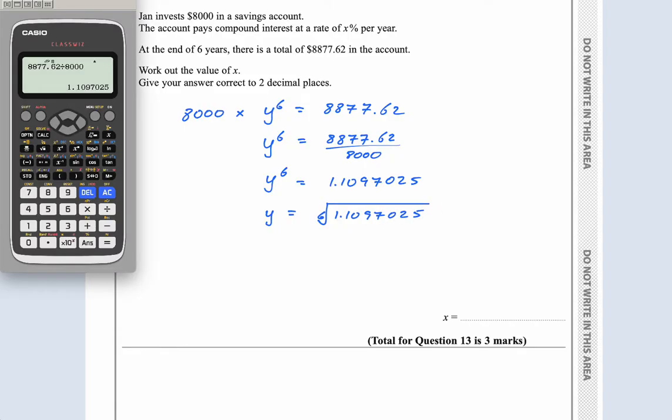Okay. How do I get the 6th root? Well, I'm going to use this button here. So if I press Shift and X, I can put in 6 there. So it's the 6th root of 1.1097025, which is 1.0175.